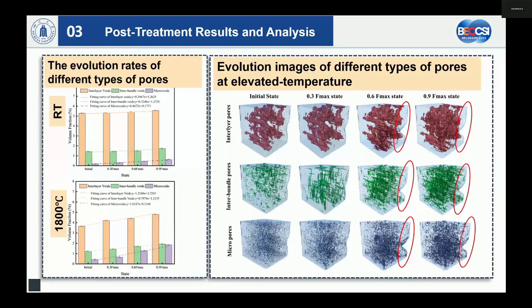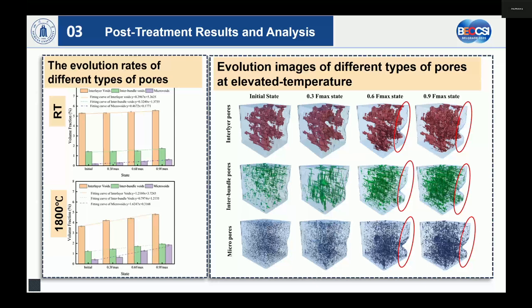By looking at the left pictures about the quantitative statistics of different pores under the two temperatures, we can also understand the growth rate of different pores. It is obvious that growth of the three types of pores is relatively stable at room temperature, but the growth rate of the three types of pores under high temperature is all higher.